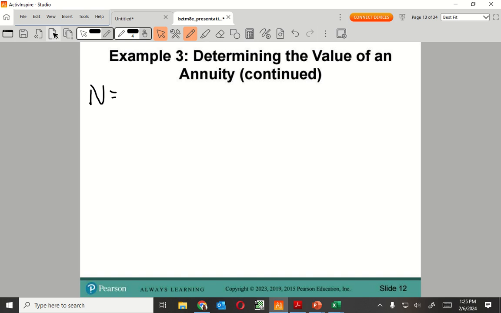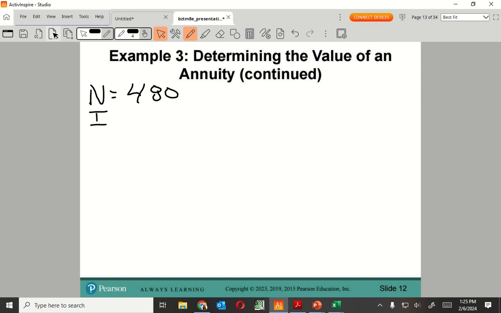Per year. Yeah, it is per year, but how many years? 40. How'd you get 40? Because you time when you retire. You're retiring at age 65, but you're starting the payments when you're 25. So that's going to give you a 40-year time span. So 40 times my 12 payments is going to be 480. So let's put in 480.